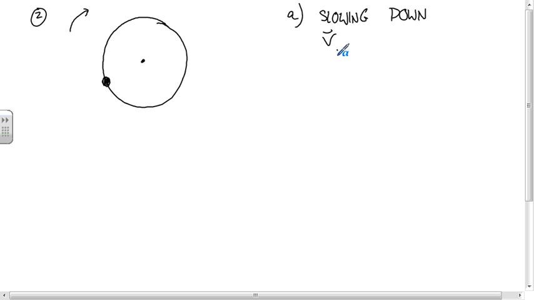What are the velocity, centripetal acceleration, tangential acceleration, total acceleration direction, and this is the new one: if you added up all the force vectors, what direction would the total force vector be in? So see if you can think through those.